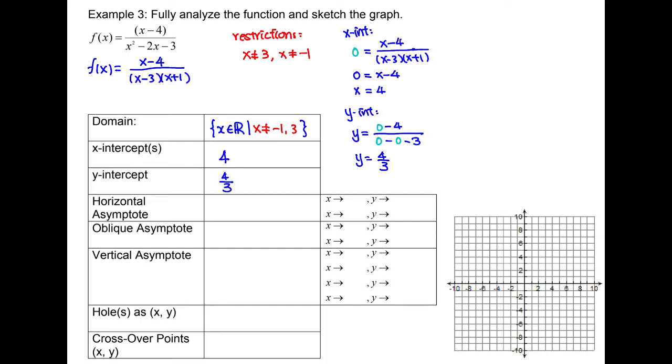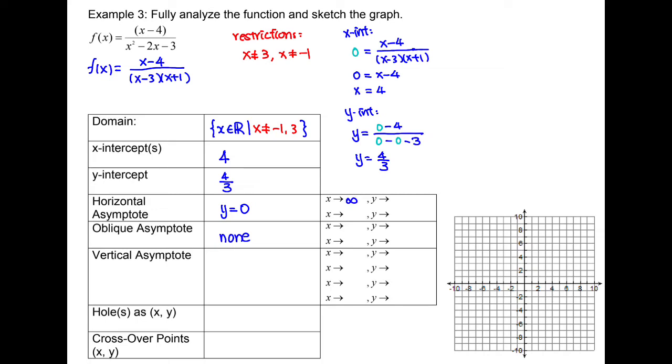Third, horizontal asymptote or an oblique asymptote. Let's look at the degree of the numerator, which is 1, and the degree of the denominator, which is 2. Since the degree of the numerator is lower than the degree of the denominator, the horizontal asymptote will be at y equals 0, and we do not have any oblique asymptote. Let's check the end behavior for the horizontal asymptote.